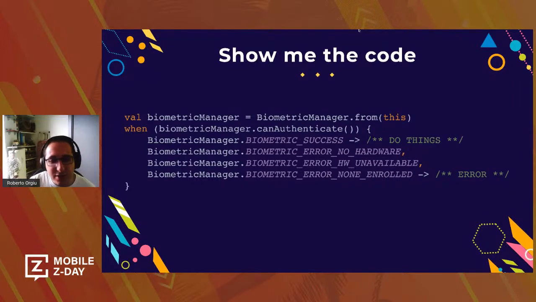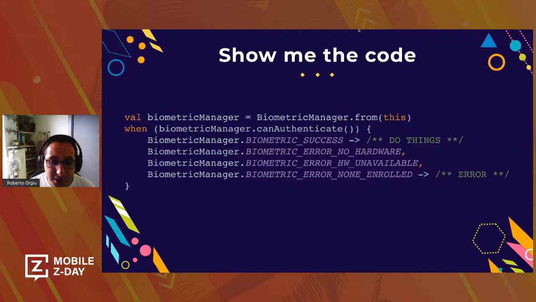Otherwise, well, we can actually instruct our user in some cases, but there will be basically two error states. That is that we have no hardware or that we cannot reach the hardware. So the hardware is there, but it's unavailable for many reasons. Probably the device is enrolled in the device management system, and the authentication is only granted through passwords.